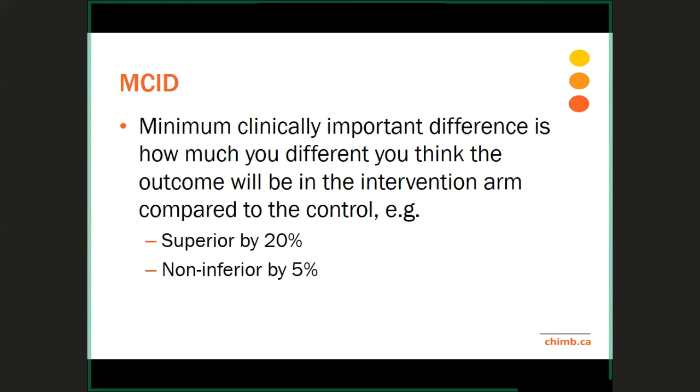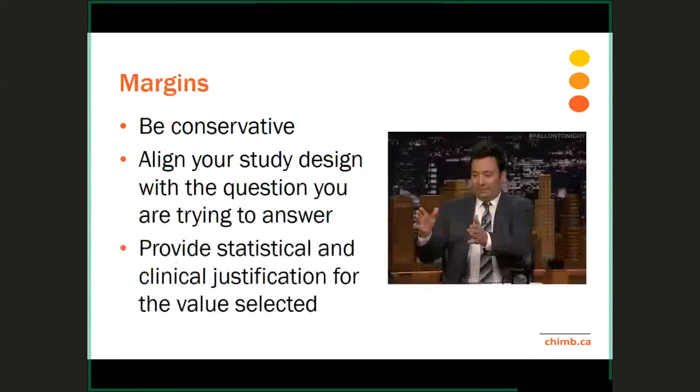Now, these are discussions that you have to have before you meet with your statistician. So when you think about these margins, we'll call them, whether it be a margin of superiority or inferiority or what the same looks like, because the same is never going to be the same down to 10 decimal places, right? So even when we're doing equivalent studies, we have to have a margin for what the same really means.